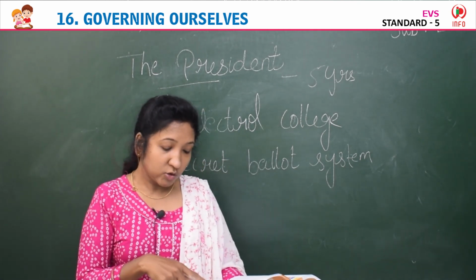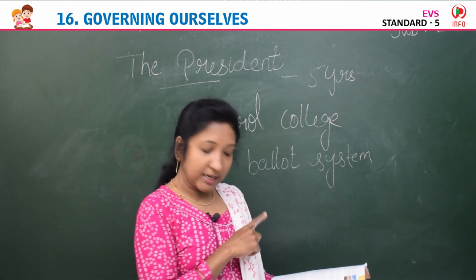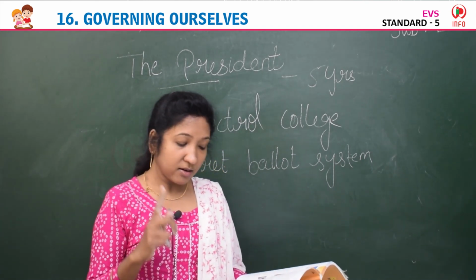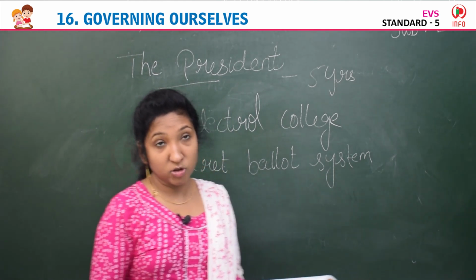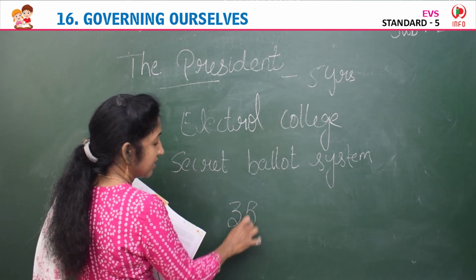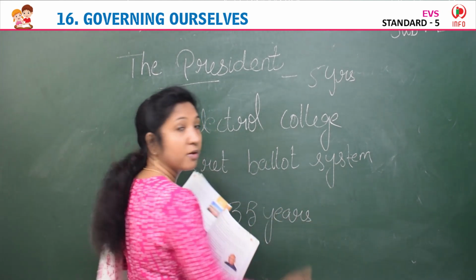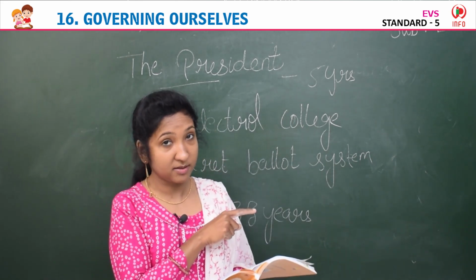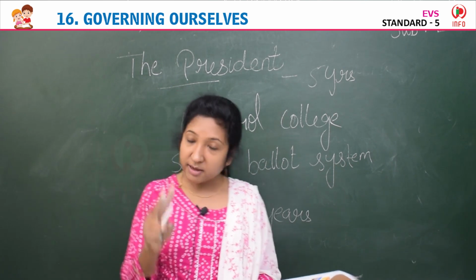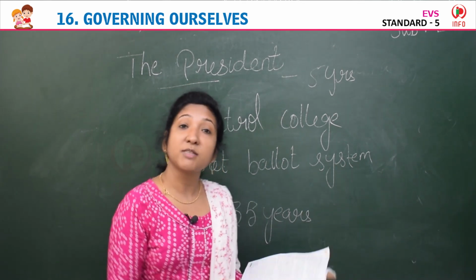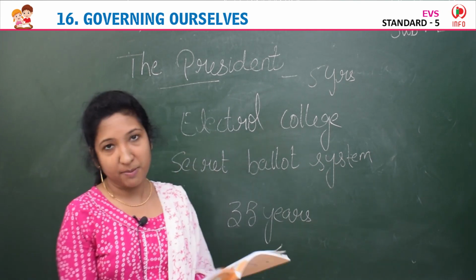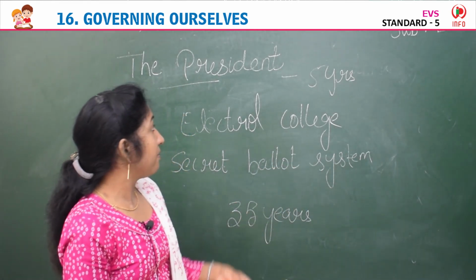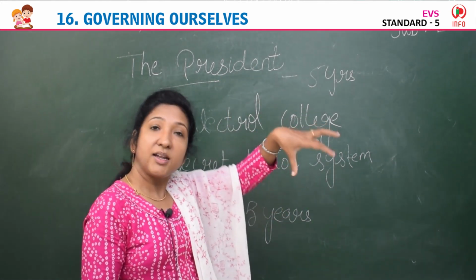The same way, to be eligible in this contest for president, that person should be a citizen of India and must have completed 35 years of age, and must be qualified to be a member of Lok Sabha. These are the conditions. If these conditions are met, then only he can be the president. Means he can come under that category.